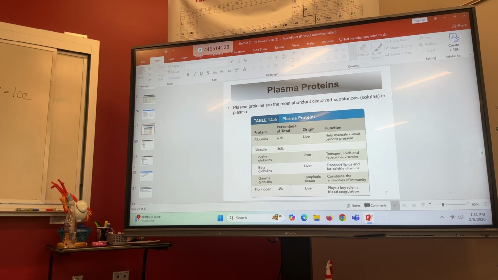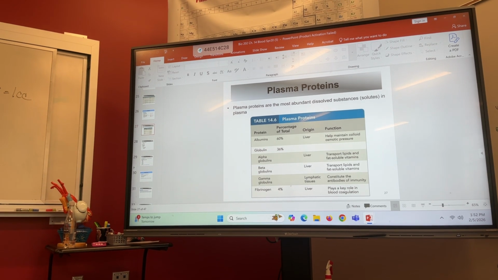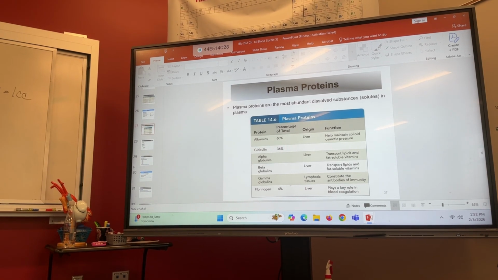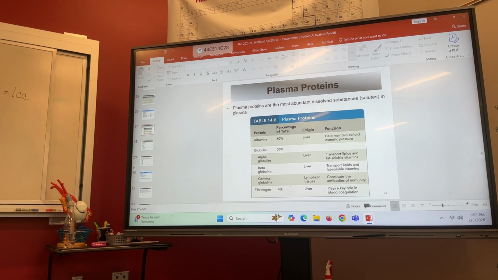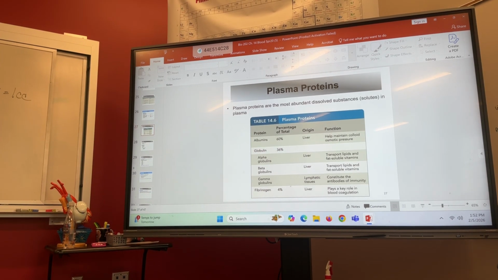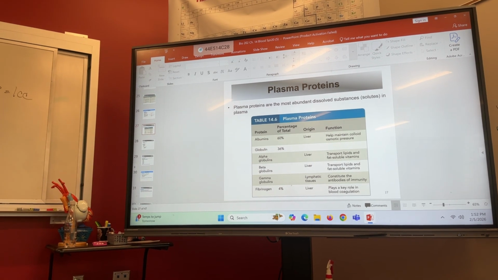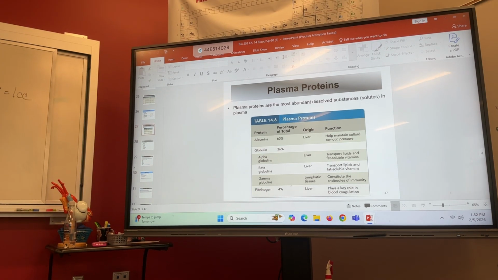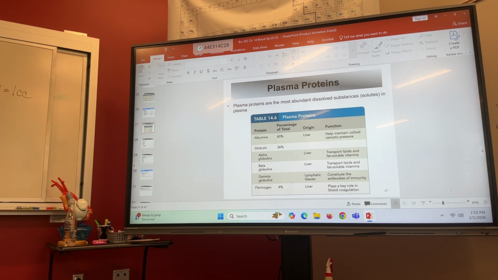Positive or negative feedback? Go. Positive. Which type is most common? Negative. Okay? Normal circumstances, sitting here, no. We want smooth sailing through that lazy river. But if your arm's laying in the backyard, yeah, I want to clot. All right, so I want my fibrinogen to become activated. Good.